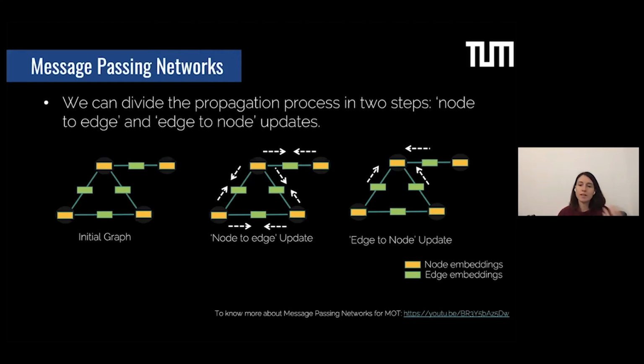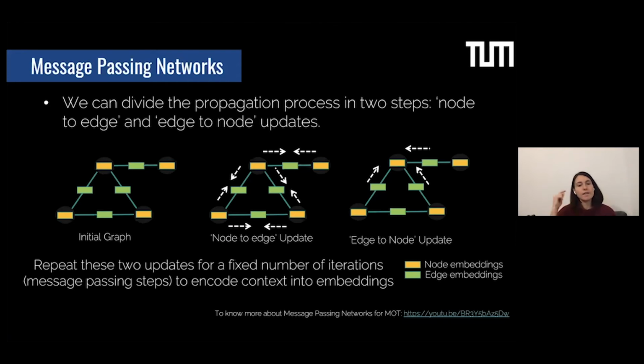I also leave a link here in case you want to know more about message passing networks for MOT. And these two updates, node to edge and edge to node, are repeated for a fixed number of iterations called the message passing steps. Everything that we're going to do is update these embeddings that you see here, the yellow and green embeddings, with context information about the neighbors of a node and an edge.